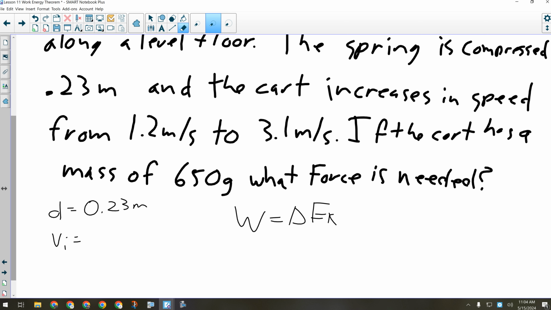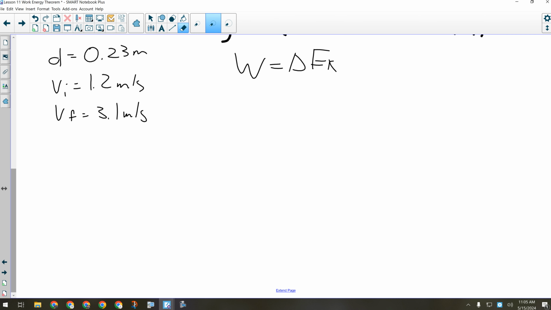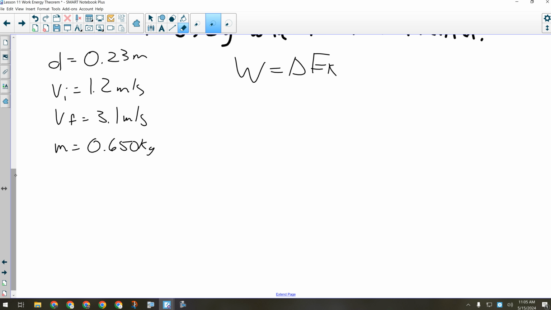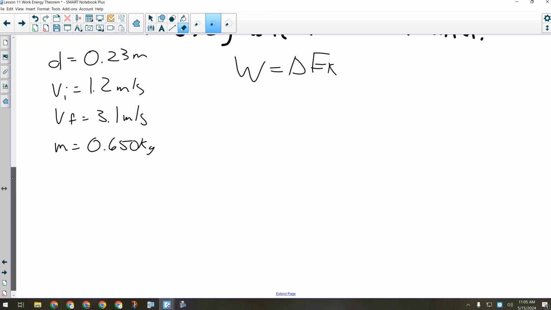These are probably automatic to you, but I talk through them to myself because I'm a little crazy when I'm doing these questions. So 1.2 meters per second, VF is 3.1 meters per second. If the cart has a mass of 650 grams, we already talked about that, it has to be in kilograms, so the mass is 0.650 kilograms.